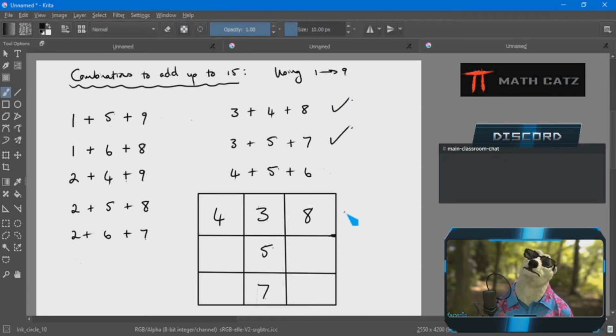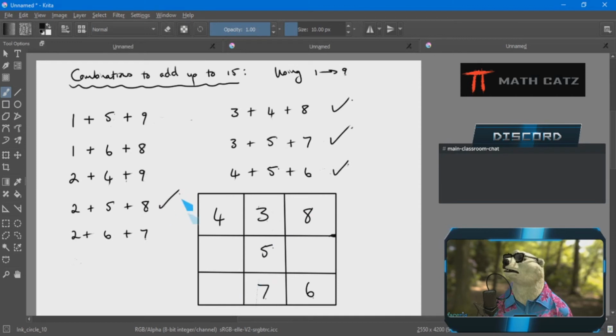So now I have maybe a 4 and a 5 I want to look at. That means that the 6 has to be in the bottom here. So to complete that diagonal, right? It has to be 4, 5, and 6. You can maybe finish the other diagonal, 8, 5, and where is it?